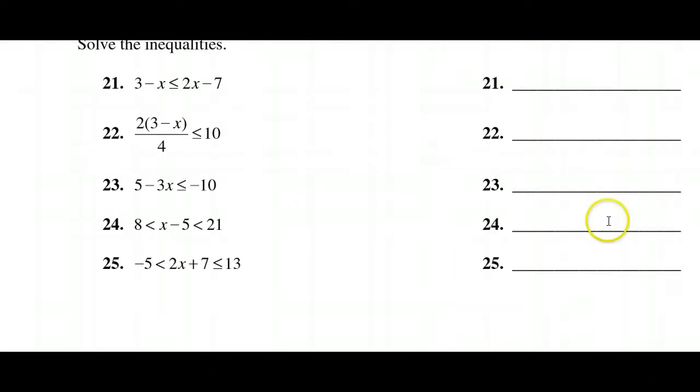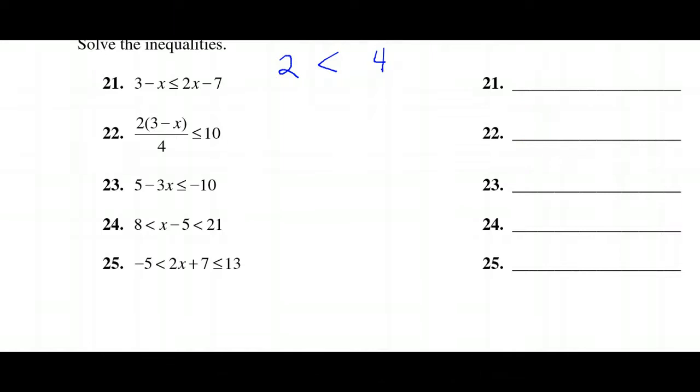Now, as we move into inequalities, remember all of the skills needed to solve equations are the same for inequalities. The only thing different is if you ever have to multiply or divide by a negative, and I'll show you this one more time. 2 is less than 4.